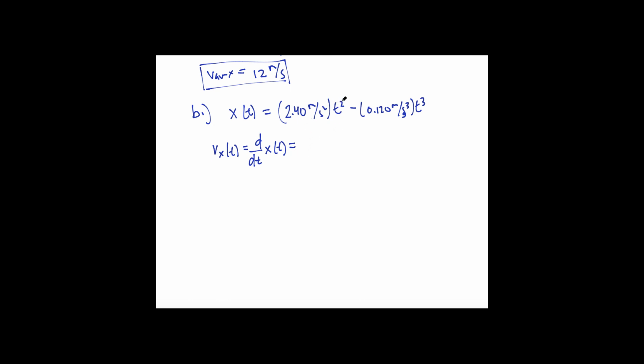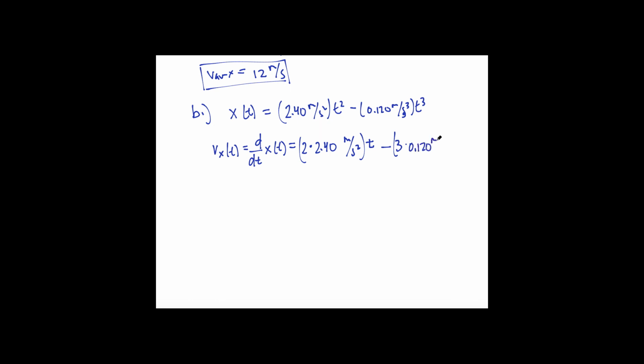Well, I'm going to take the power of t, 2. I'm going to multiply my coefficient by 2. So 2.40 will be multiplied by 2. Same units, meters per second squared. And I'm going to reduce the power of my t variable by 1. So that becomes just t. For my second term, I'm going to take my power and multiply my coefficient by that power. So my 0.12 will be multiplied by 3.